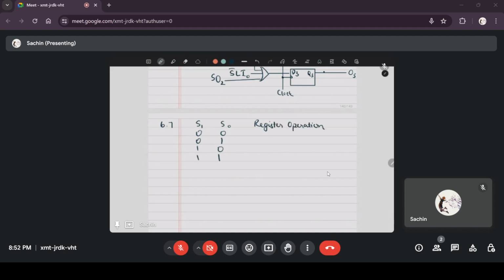When S1 S0 is 0 0, there should be no change. When S1 S0 is 0 1, complement the 4 outputs.